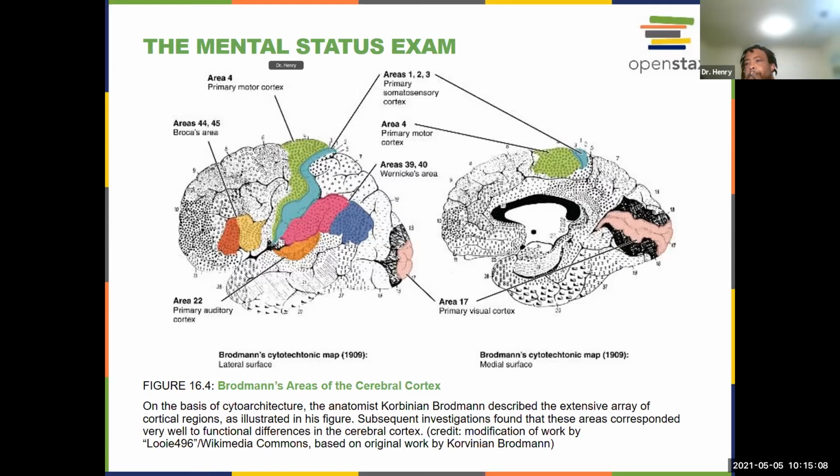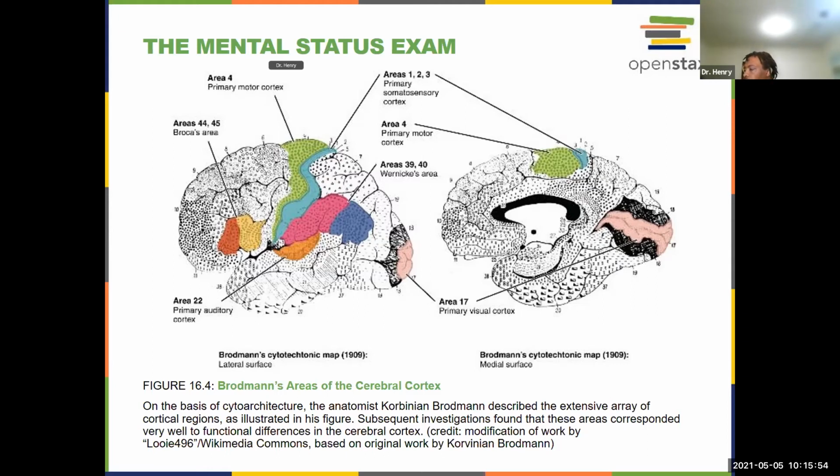You found that regions 1, 2, and 3 are all related to somatic sensations, like touch, vibration, pain, temperature reception, proprioception, and also the feelings that you have in your legs, your arms, and stuff like that.